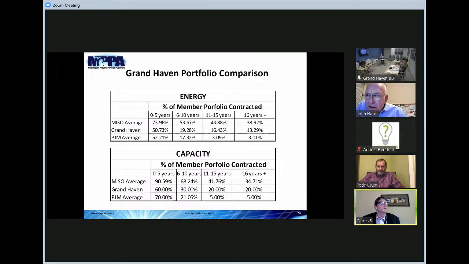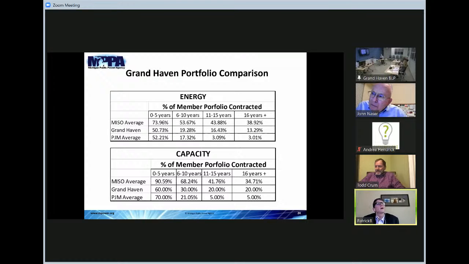So that comes back to the discussion that we've had pretty much through a couple slides here. It's all about diversification and laddering in power supply. So you're exactly right. We would never recommend that our members go out and hedge large portions of their supply under long-term arrangements. That wouldn't make sense for some of the reasons you're stating. Conversely, however, we don't know what the future will be. There could be all sorts of things that could change in the future that could actually cause power prices to go higher, or capacity prices to go higher, or energy prices to go higher.